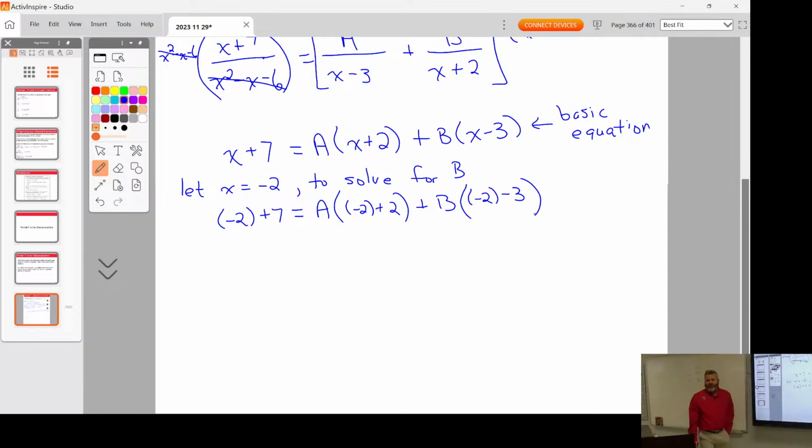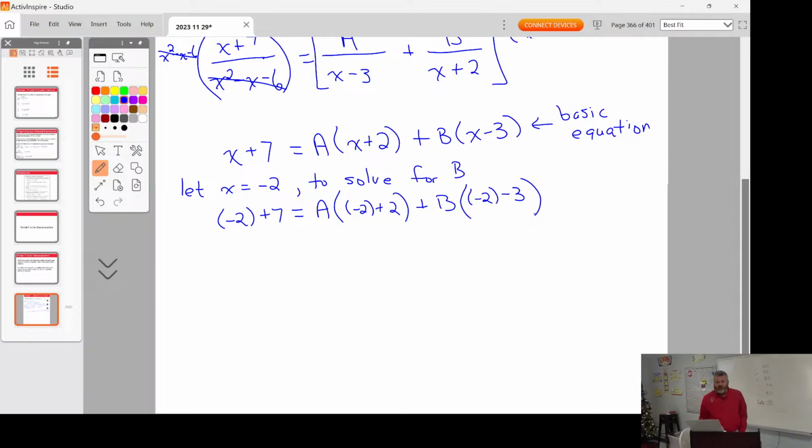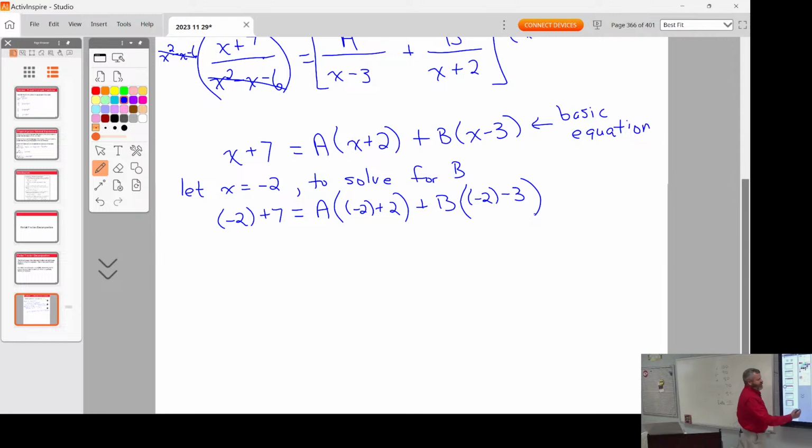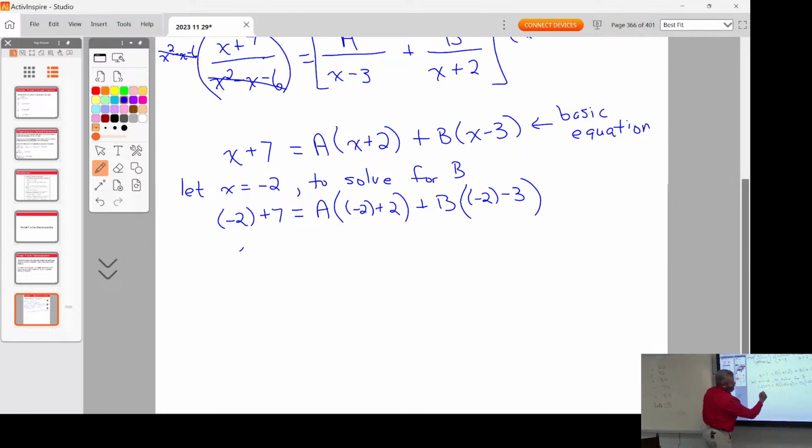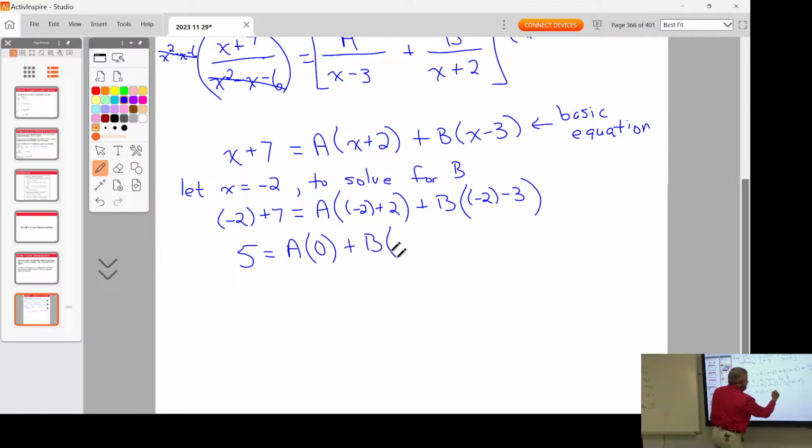Is everybody good with that? Looks pretty simple now, right? Negative 2 plus 7? 5 equals a times negative 2 plus 2 plus b times negative 5.